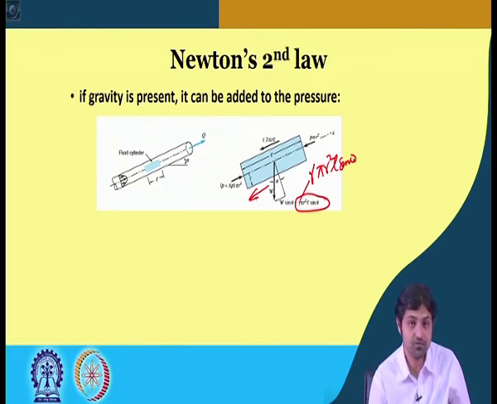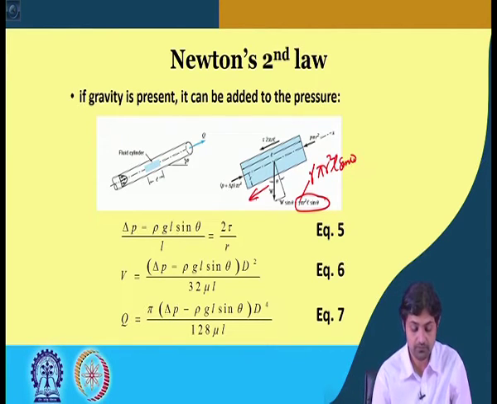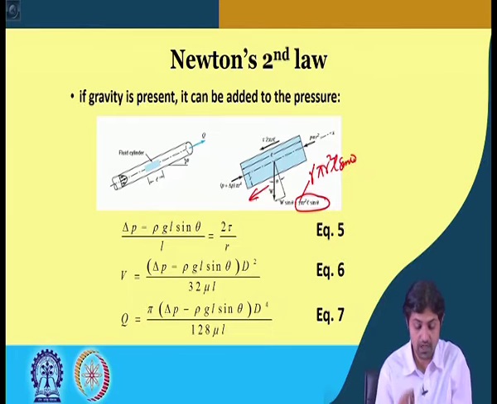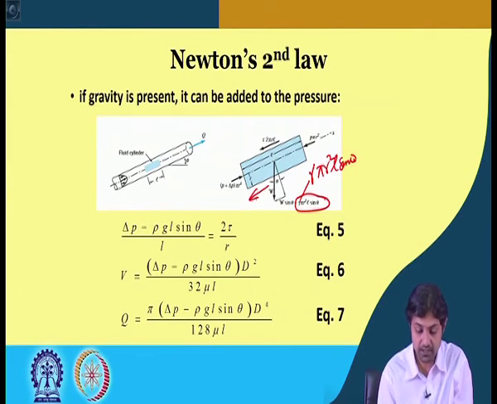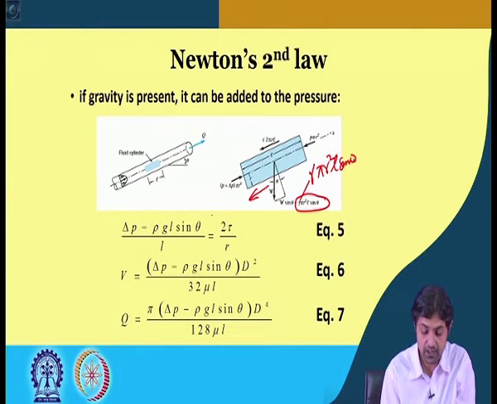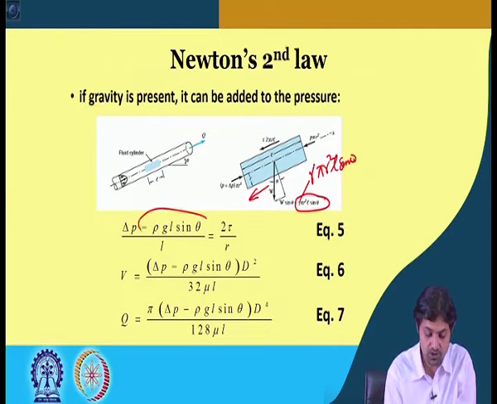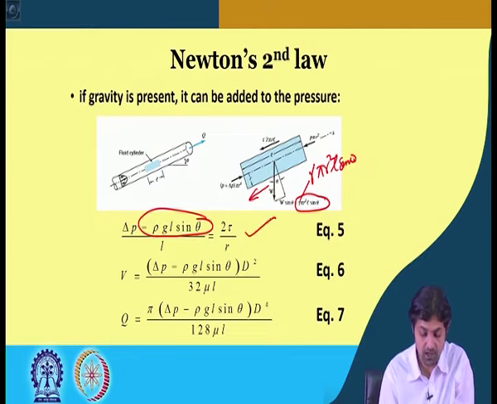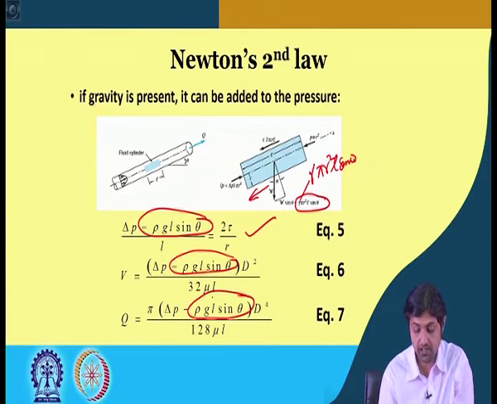Because of this our analysis will change a bit. Instead of delta P we are going to get components like minus rho g L sin theta in equation number 1 when we calculate the velocity, and Poiseuille's law will change with minus rho g L sin theta.